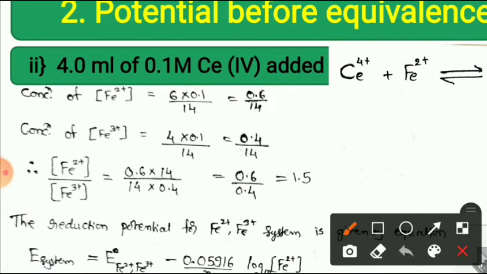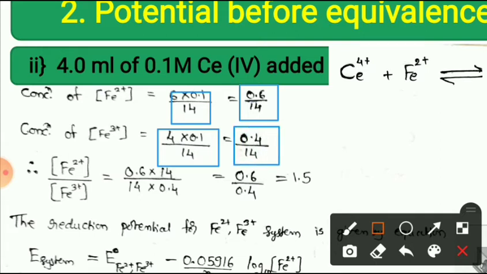Here the concentration of Fe2+ is 6 into 0.1 divided by 14. Now this 14 is nothing but the volume of the solution inside the beaker. So we will get 0.6 divided by 14, and at the same time the concentration of Fe3+ is 4 into 0.1 divided by 14, which becomes 0.4 divided by 14.